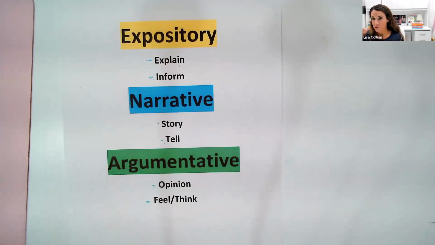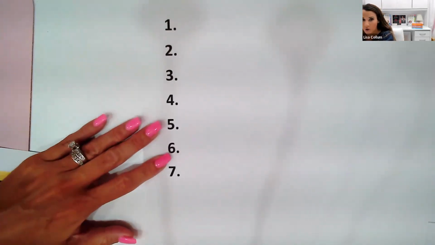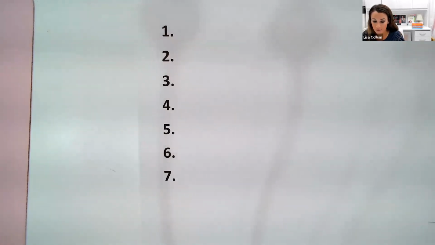Okay, this is where I need you to take your paper and pencil out. I need you just to number 1 through 7. I'll give you 2 minutes, number 1 through 7.